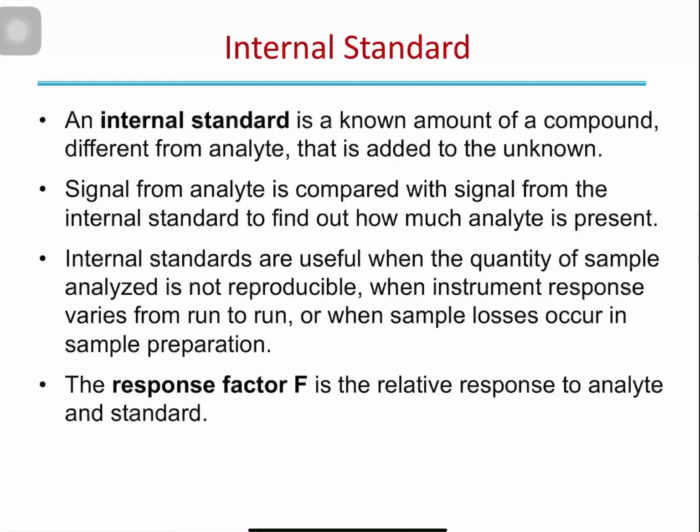The signal from the analyte is always proportional to, or always compared with, the signal from the standard. The ratio between these two signals, compared to their concentrations, is always fixed, and this is called the response factor. So the response factor is the relative response to analyte and standard.